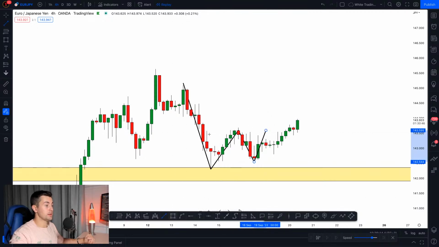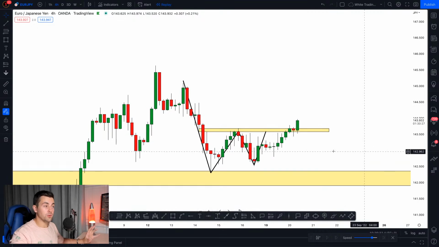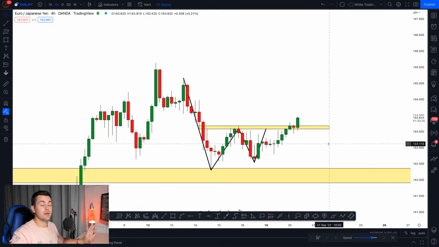At the moment, traders, we have a neckline breakout attempt. You can see that this 4-hour candle is trading above the neckline, and in order to confirm the neckline breakout, we need a 4-hour candle close above the neckline.